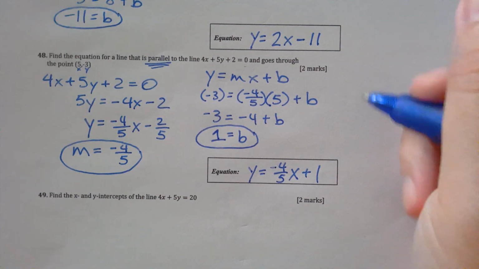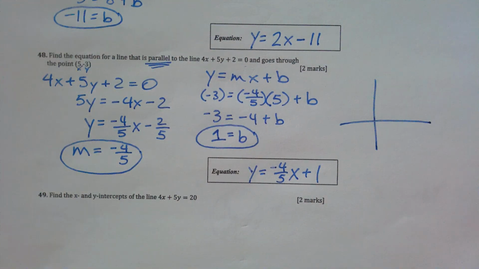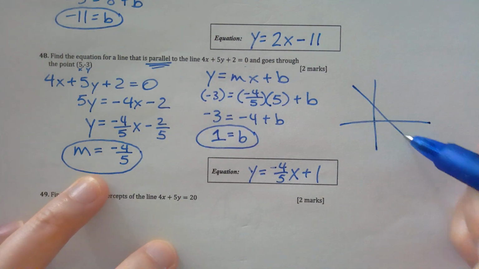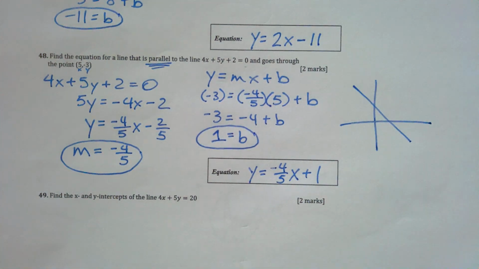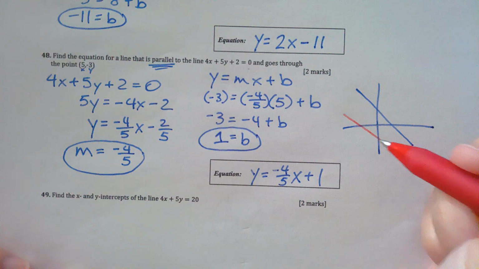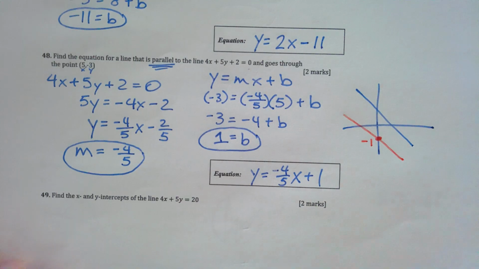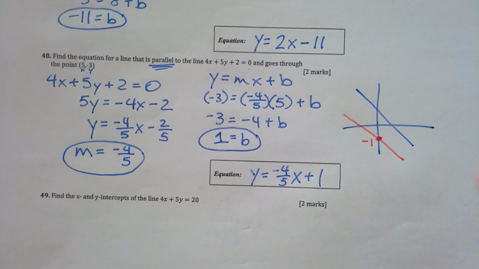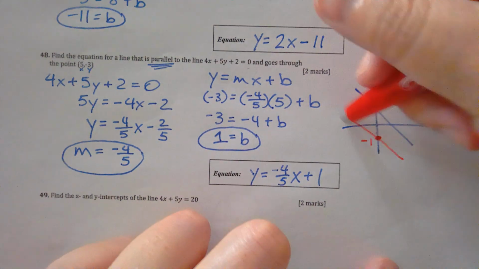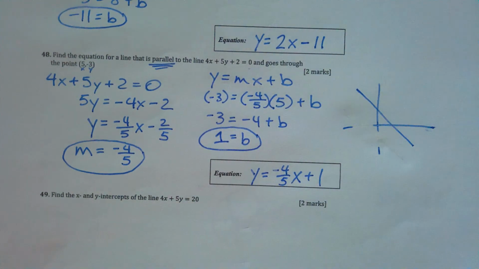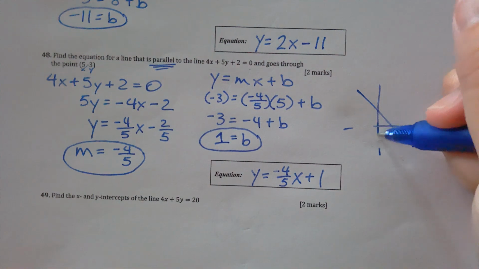So basically what you were asked is you're given a line like this and you want to find the equation of a red line that is parallel to it with a y-intercept of 1. So that's what you were looking for. Let me just fix this.